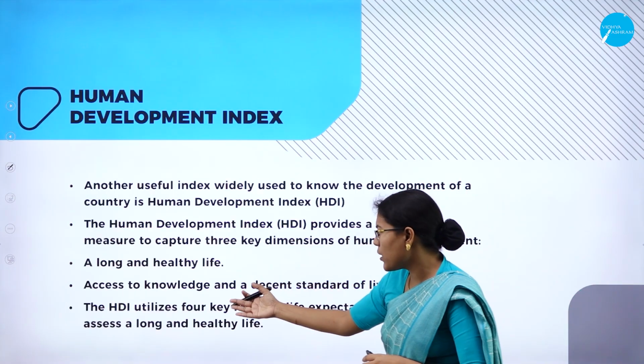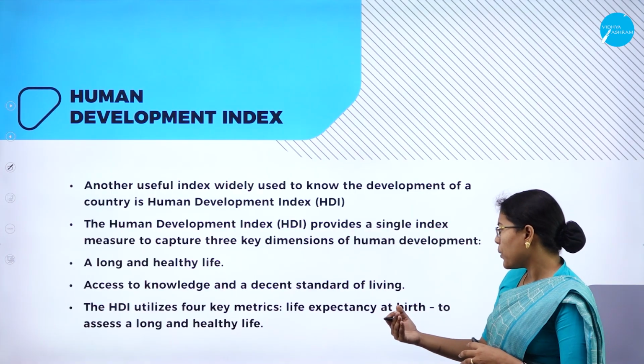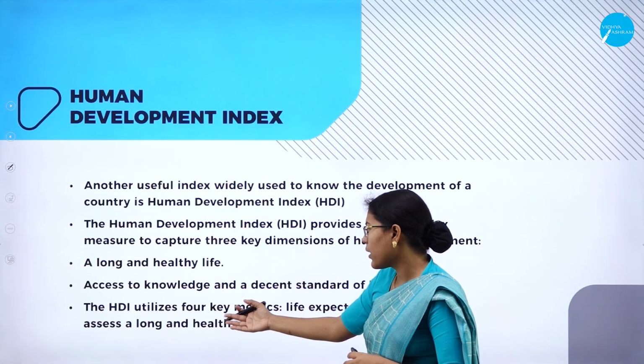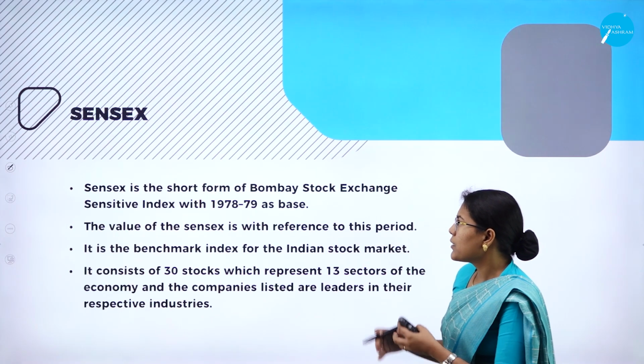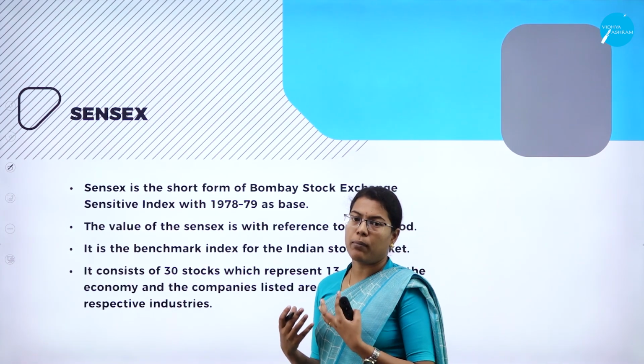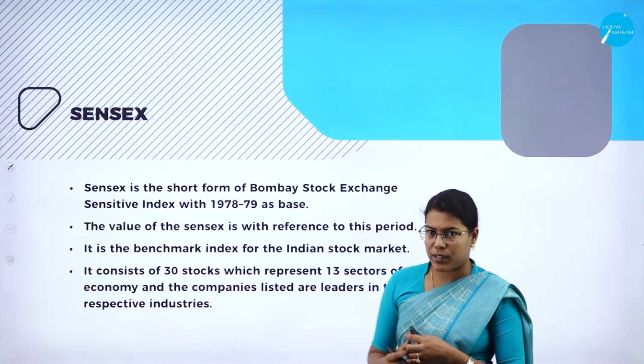HDI utilizes key metrics like life expectancy of the people at birth to assess a long and healthy life. So this is also very useful to know about human development in terms of life expectancy.